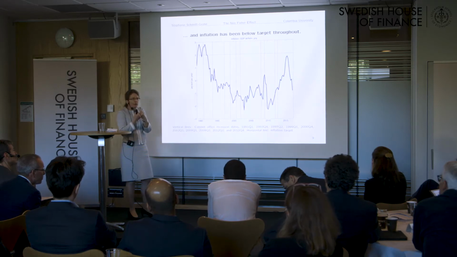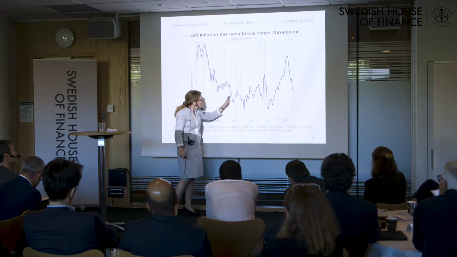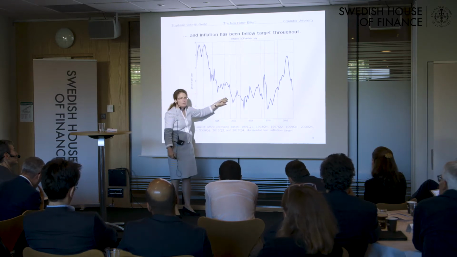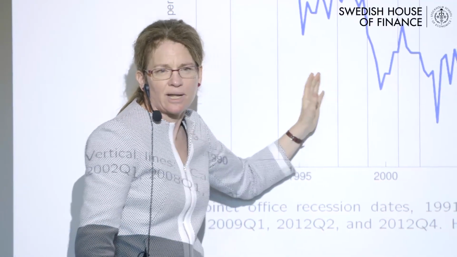I mean, my claim is that the only way you can match that data is that the poor economy was constantly hit by negative surprises to the natural rate, right?